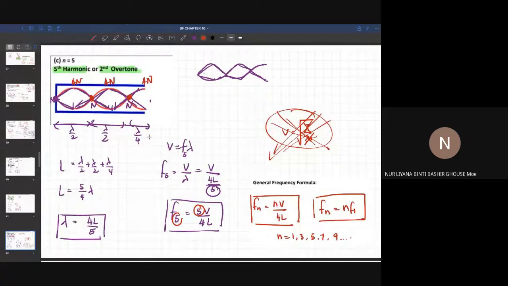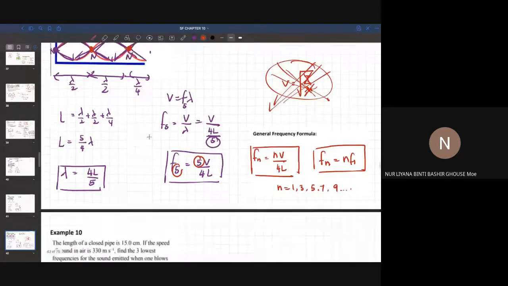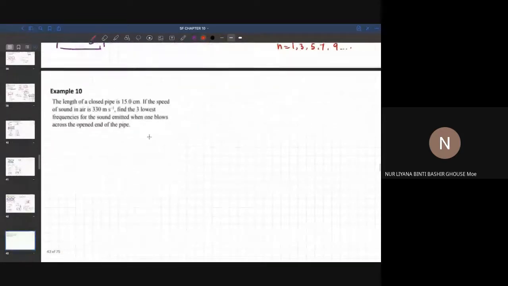Okay, again if you're okay you press 2, if you're not okay you press 1. Lepas tu Miss nak awak try example 10. Okay, example 10 Miss bagi clue.